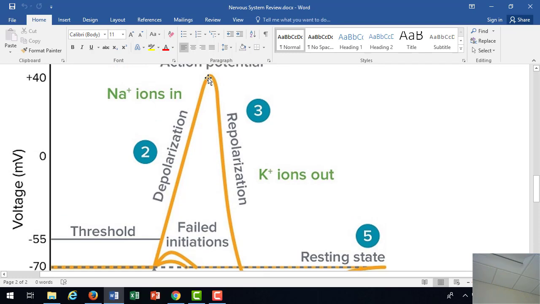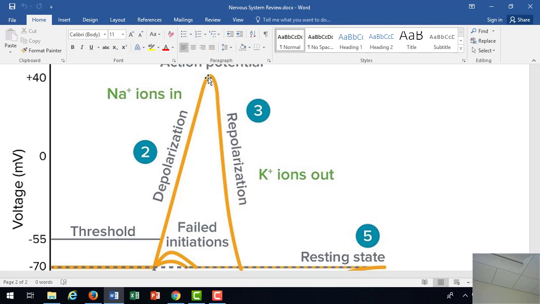And at +40, sodium channels are signaled to shut. They do not remain open beyond +40. And then potassium channels that are on that membrane, voltage gated potassium channels, they're stimulated to open. In which way does potassium want to flow based on its concentration gradient? Out of the cell. So once I open up extra potassium channels, I see a rapid loss of potassium, which is positively charged.